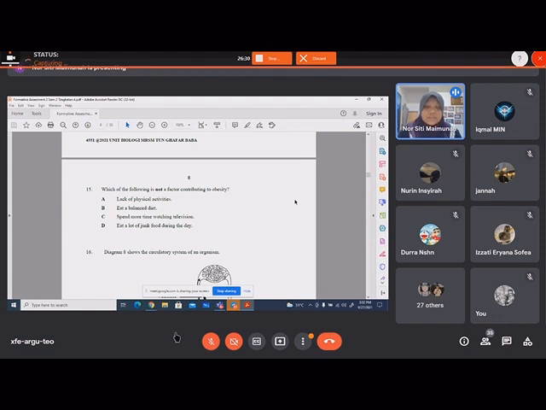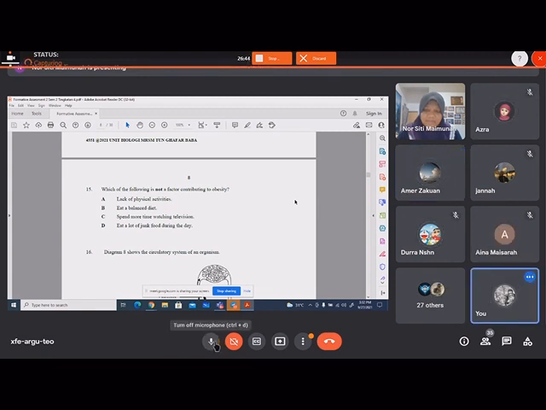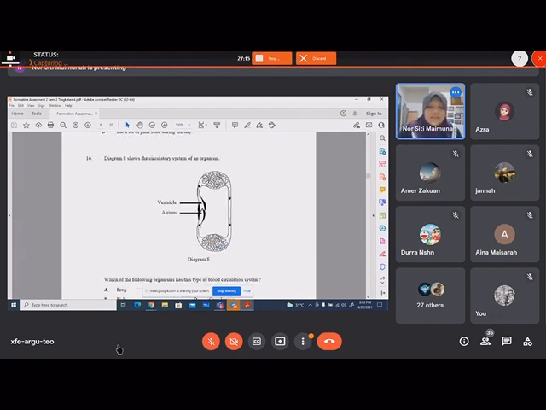My answer is B, eat a balanced diet. Okay. What does balanced diet mean, class? Balanced diet. What is meant by balanced? Remember, balanced means the food must contain the 7 classes of nutrients: carbohydrate, protein, lipids, vitamins, minerals, roughage, water. All 7 must be present, taken in the right amount. That is called a balanced diet.